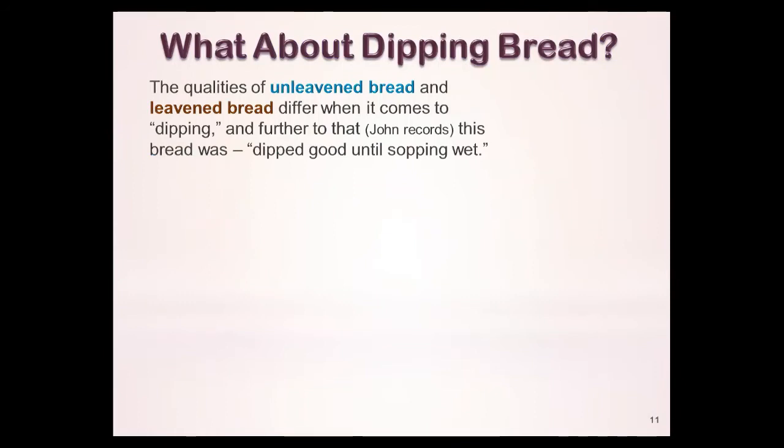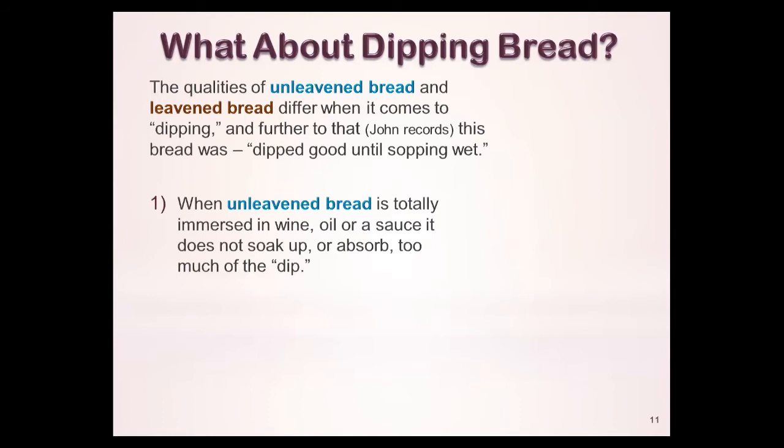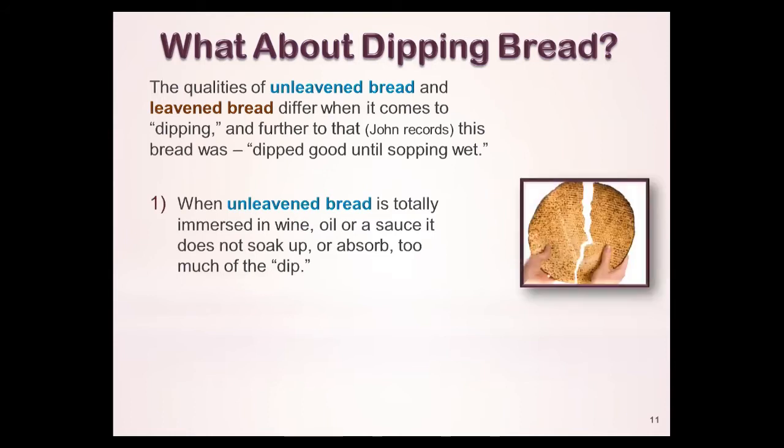Well, what about dipping bread? The qualities of unleavened bread and leavened bread are different when it comes to dipping. And further to that, John records that this bread was dipped until it was sopping wet. Well, first of all, when unleavened bread is totally immersed in wine, oil, or a sauce, guess what?